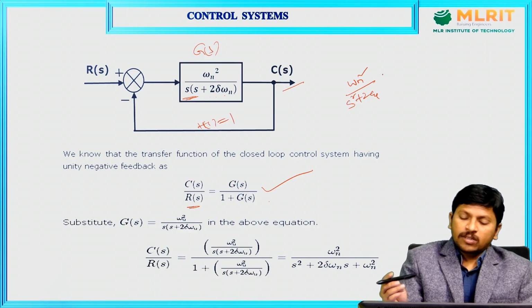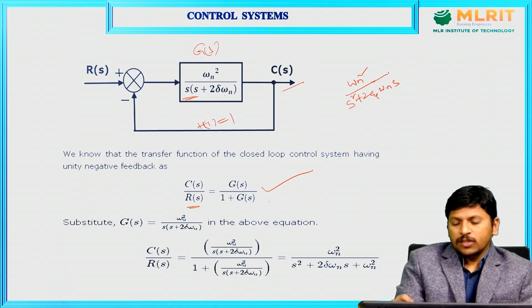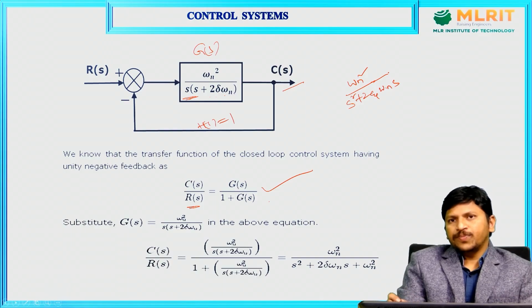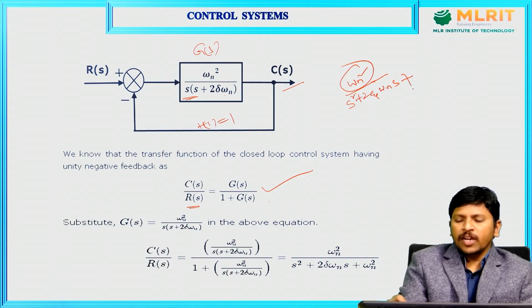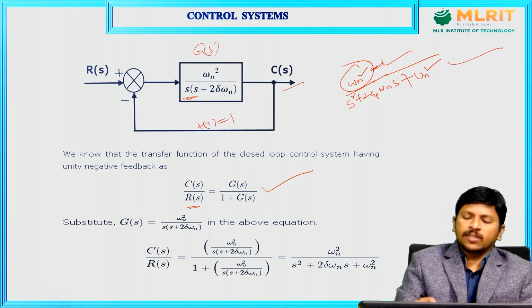For a unity feedback system, the transfer function of the closed loop system is obtained by directly adding the numerator part to the denominator part. You will get this transfer function.